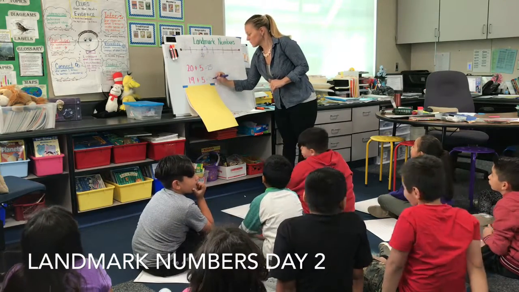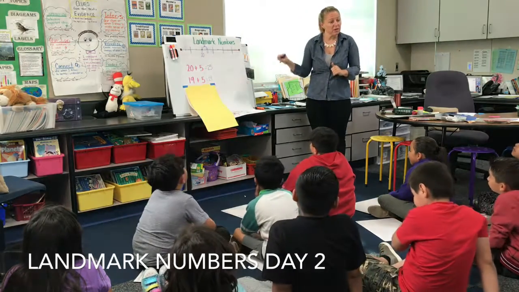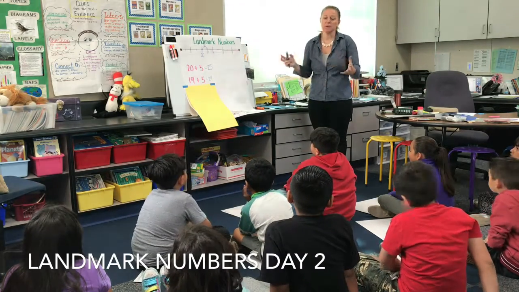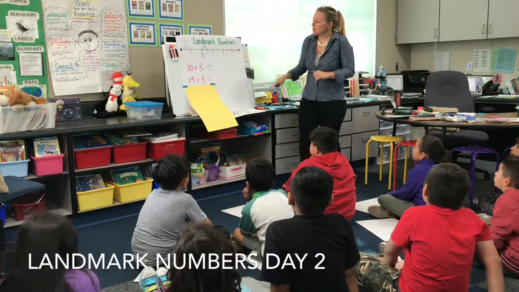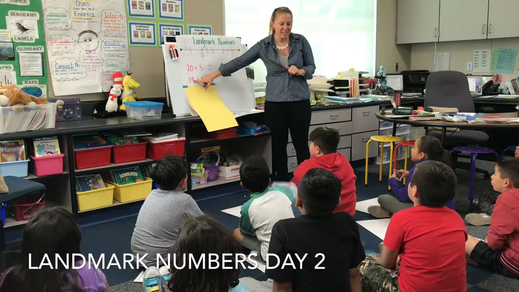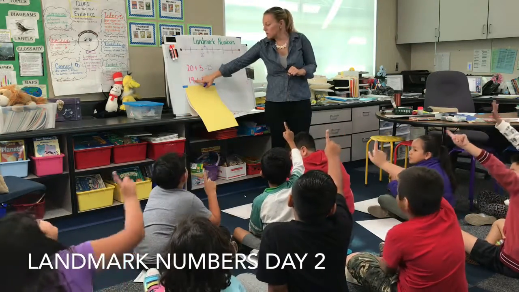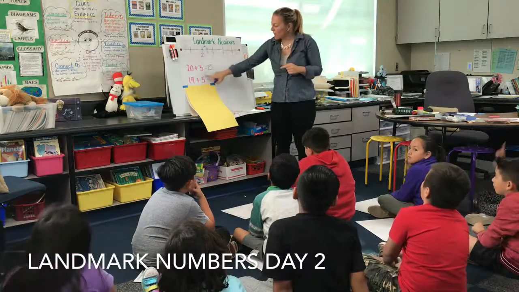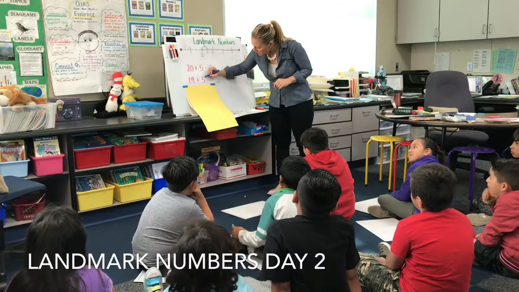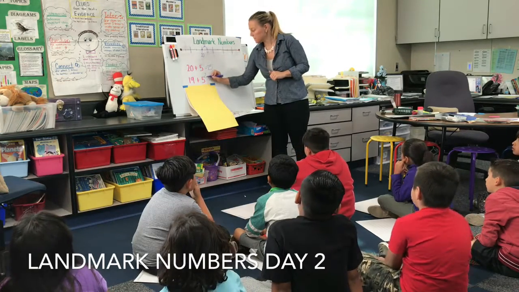When we're using landmark numbers, we have a way that we're going to do this. Everybody say decompose. Decompose. Okay. If I want to make this a 20, how many do I need to add to this to get it to 20? Show me on your fingers. Okay, so I need to give it 1. So if I have 5, I can decompose 5 into 1 and 4.